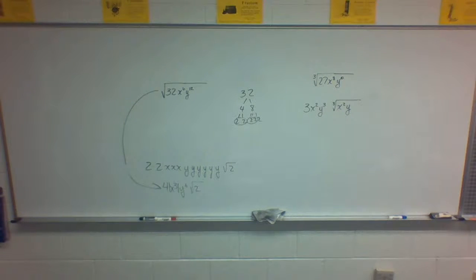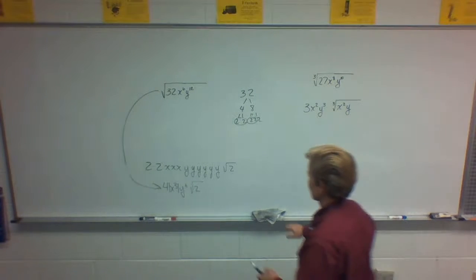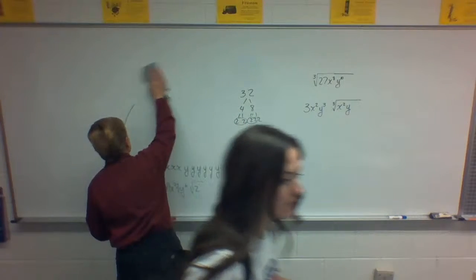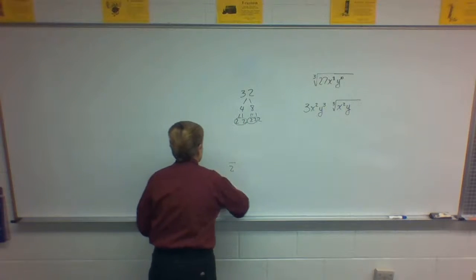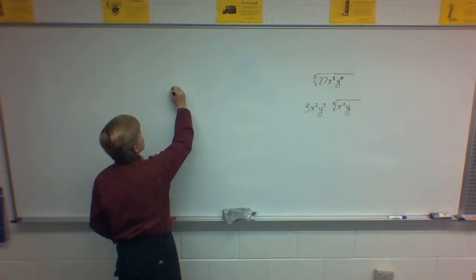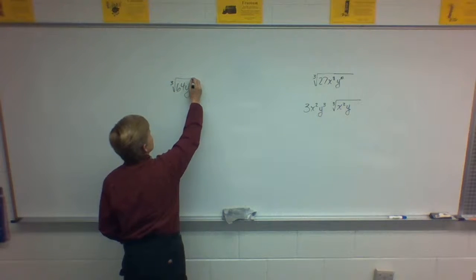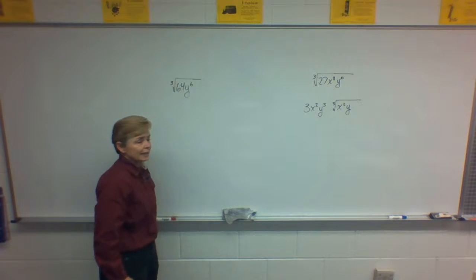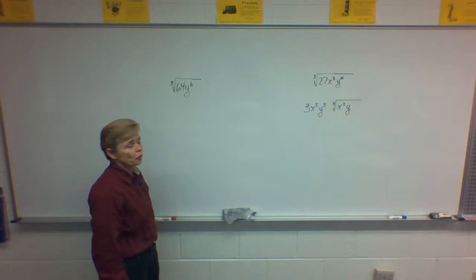So let's do the ones that they have in the book and see if we can use those properties. We've got the cube root of 64 y to the 6th. First thing you should do is deal with the number and ask yourself right off the bat, is 64 a perfect cube?